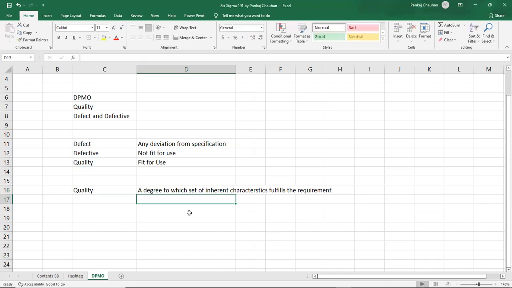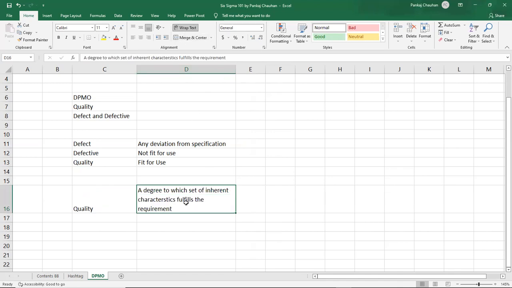Any product or service you take comes with multiple characteristics, which are called attributes. So here I'm using two words: one is characteristics, and the second is degree.